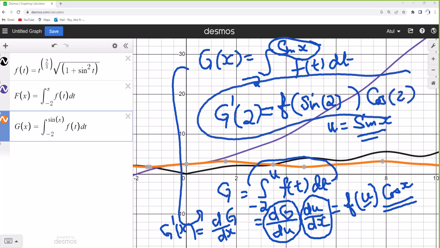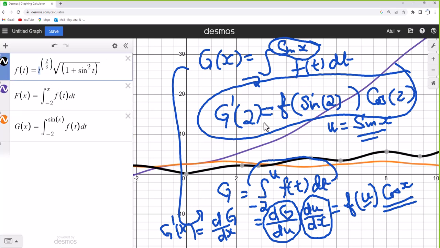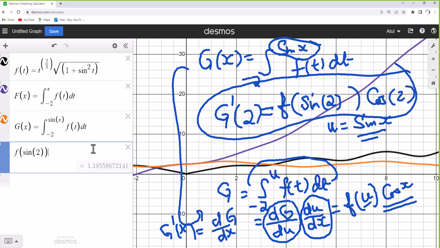So this is what the value of g prime 2 will be, and we can now go ahead and substitute t equals sine 2 here and obtain the value. Or since we are already using this calculator, we can always just write sine of 2 here, and that's the value of f.